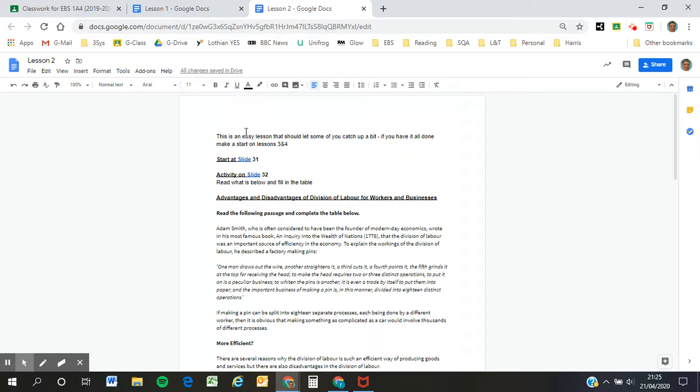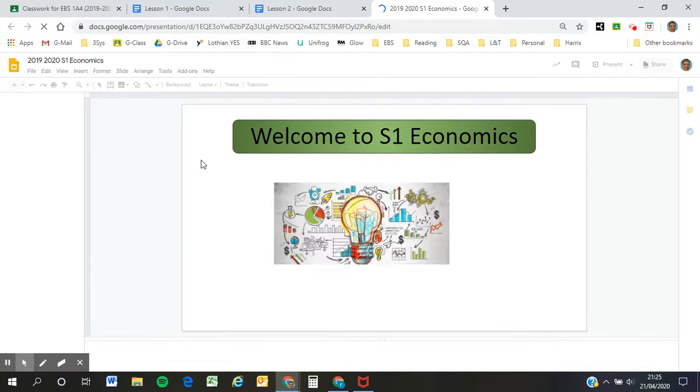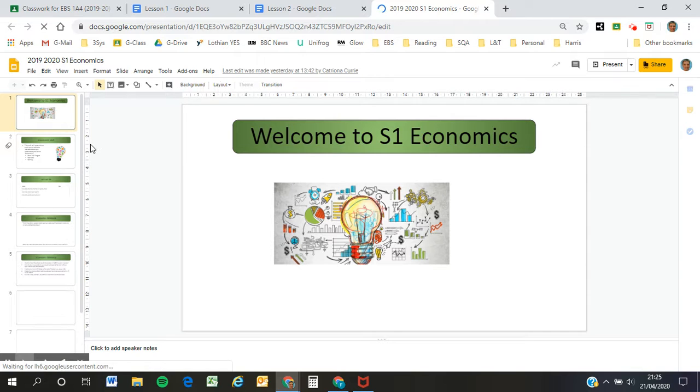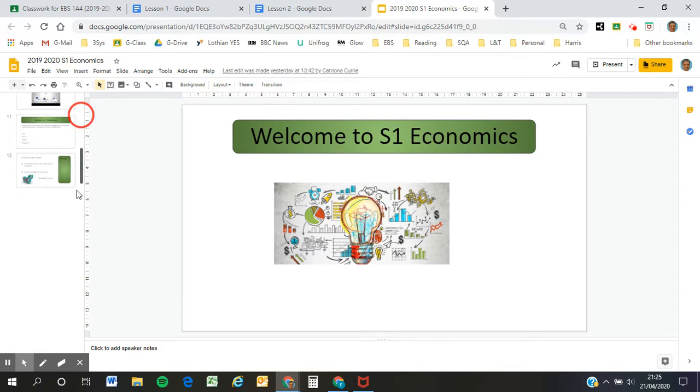So if we can start at slide 31, I can just click on this, and this is our nice economic slides here, running you through what you're doing now. We're already on to slide 31, so we're fairly racing through all of this. Feel free to spend a little bit of time to run through all these slides.